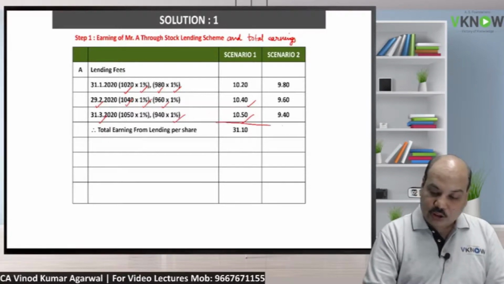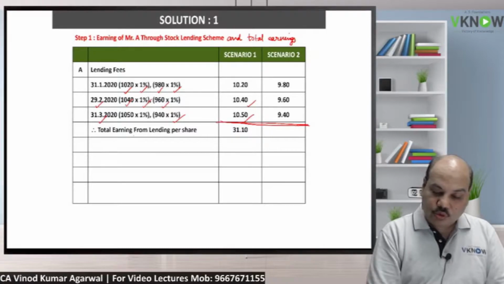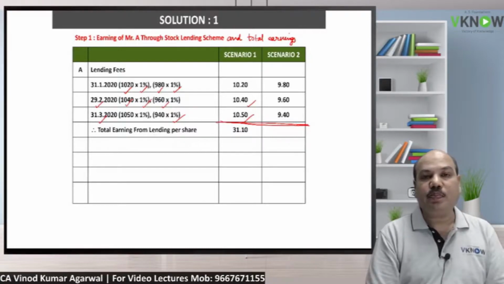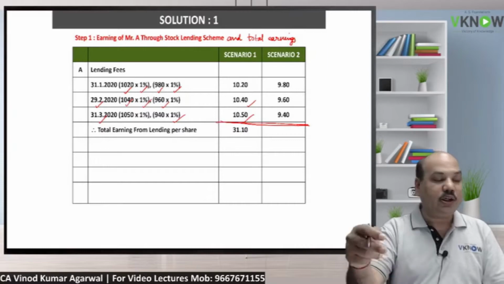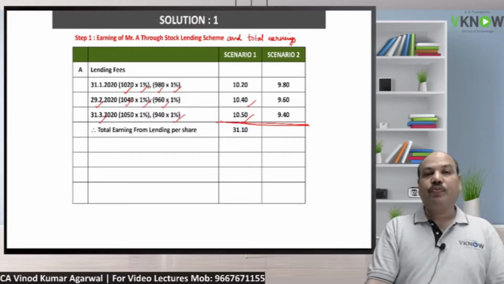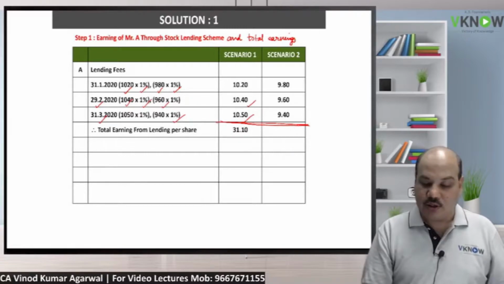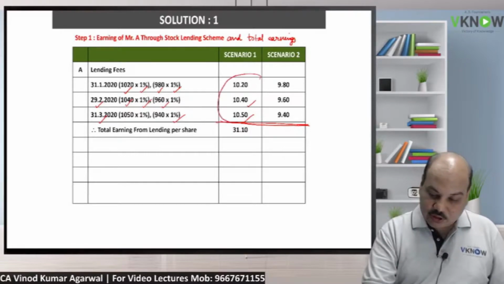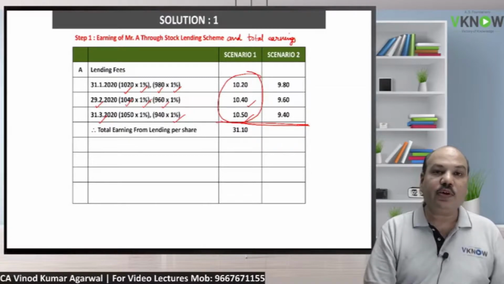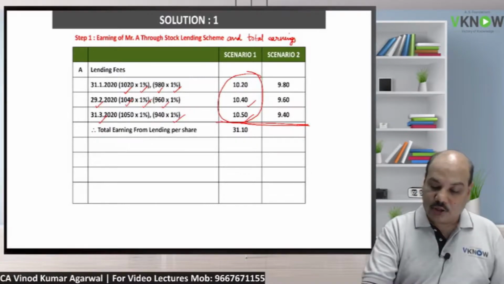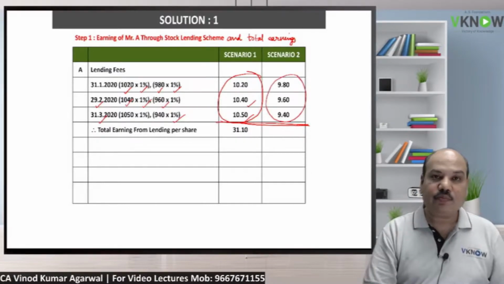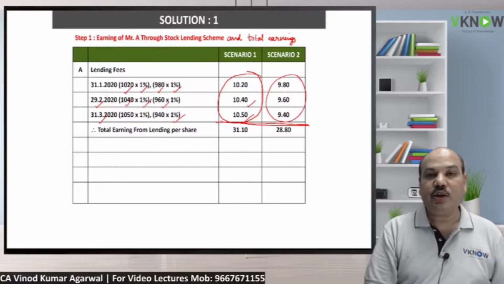So if you take the total now, this will give you total earning from lending per share, because I have not yet multiplied by 1000. So per share my stock lending fees earned is, add these three numbers, 31.10. Again, add these three numbers, you are getting 28.80.